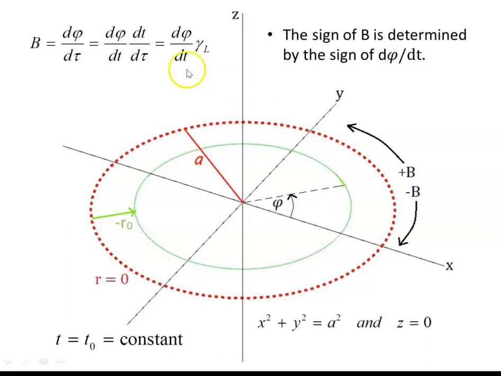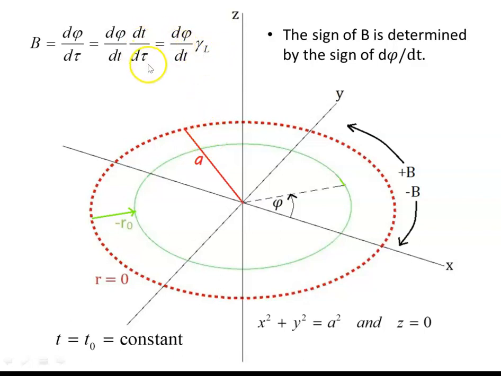Now, using the chain rule, we can break this down to d phi dt, the coordinate time, times dt d tau, the proper time. dt d tau is the Lorentz factor, gamma L, where I will use gamma to denote the curve and gamma subscript L to denote the Lorentz factor.